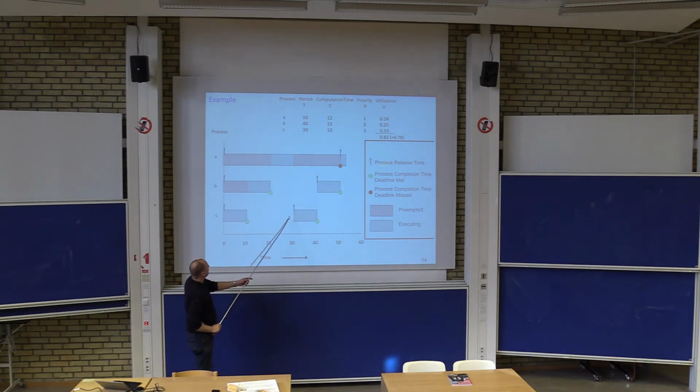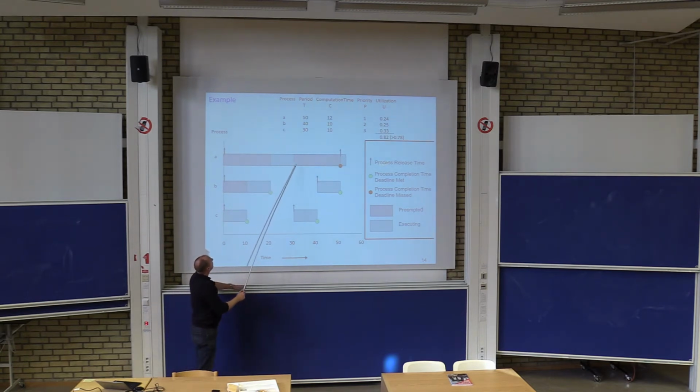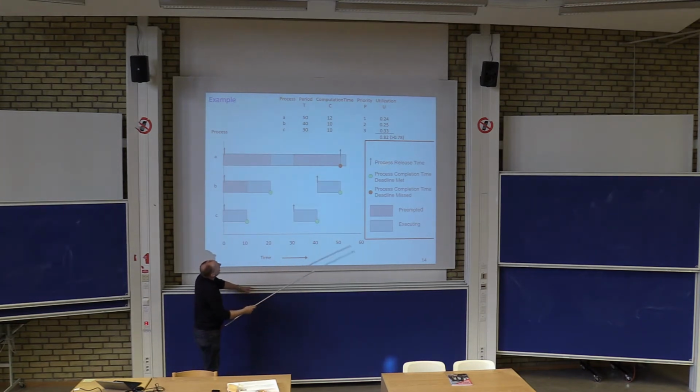So now task C is released again, and now we will have a preemption because task C is ready to execute. So then the real-time operating system will throw out task A, do a preemption and a context switch, bring in task C, let it execute, and then at this point, when task C is done, task B is unblocked again and will continue to execute.